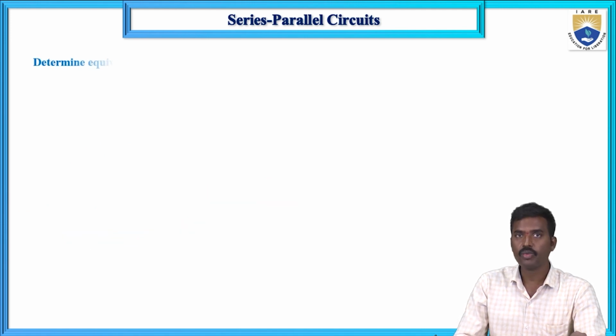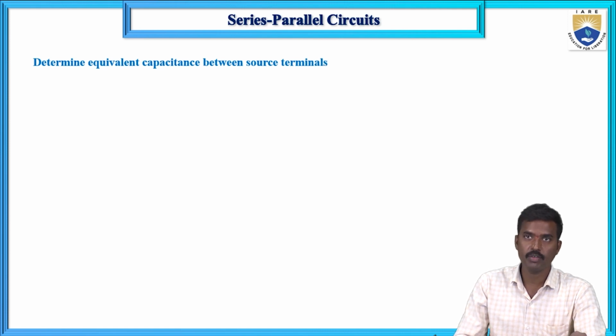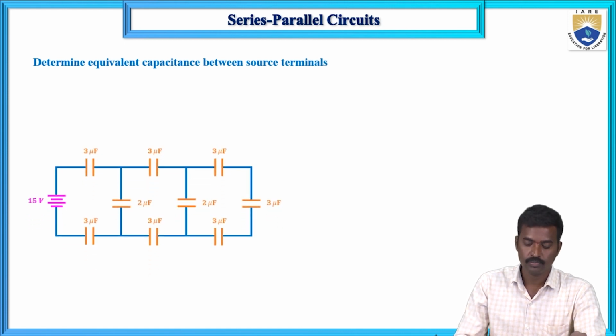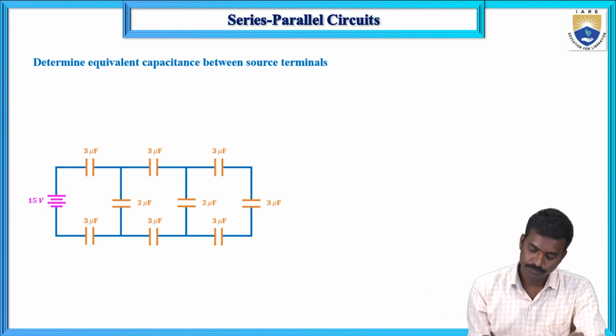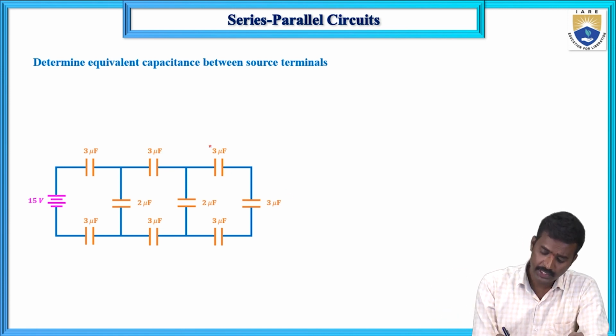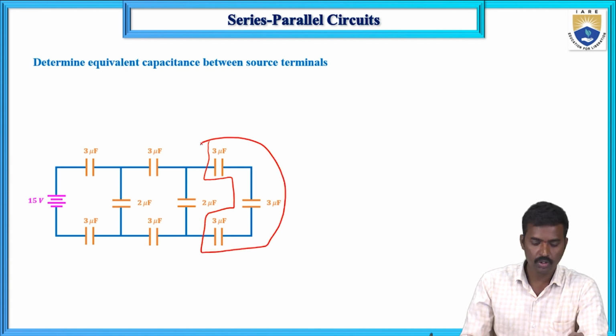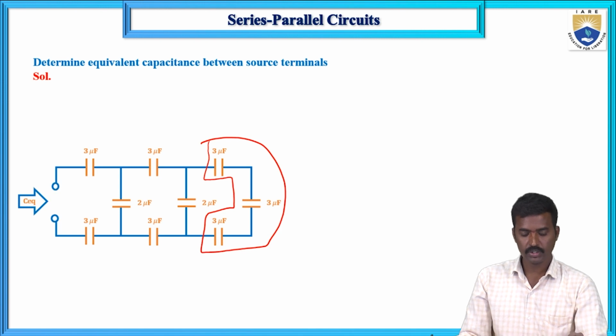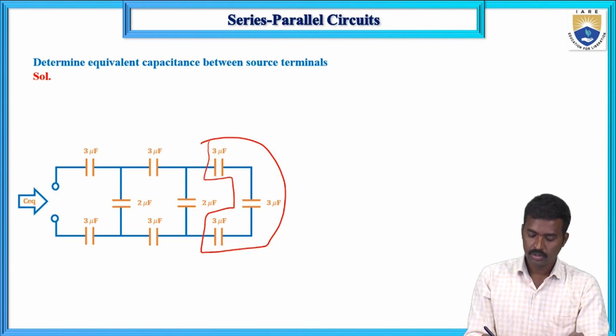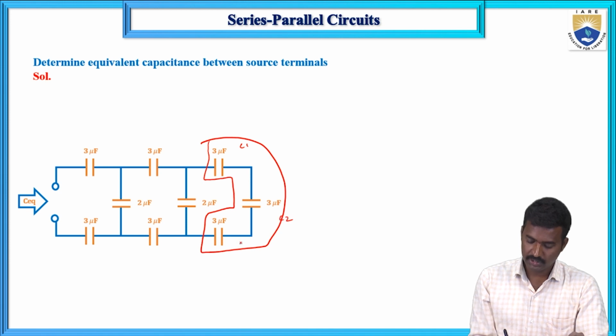Now determine the equivalent capacitance between the source terminals. Here, these three capacitors: this is C1, this is C2 and this is C3.